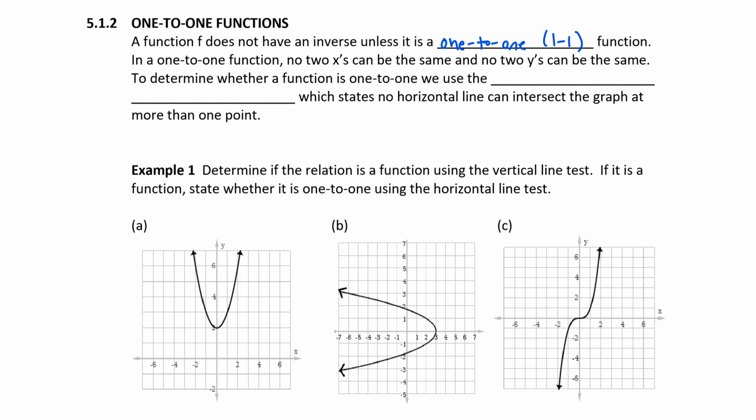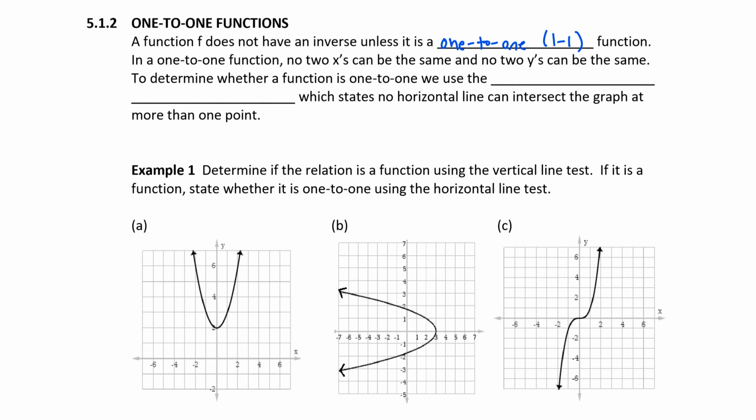If you'll remember back to the definition of a function, a relation is a function if every x has exactly one y. We are now making that restriction more stringent by saying every x can only have exactly one y, and every y has exactly one x.